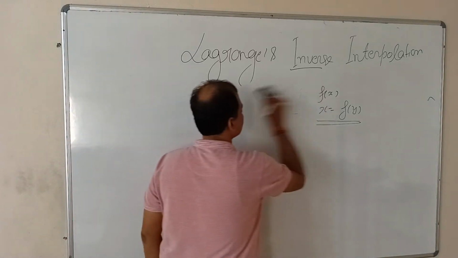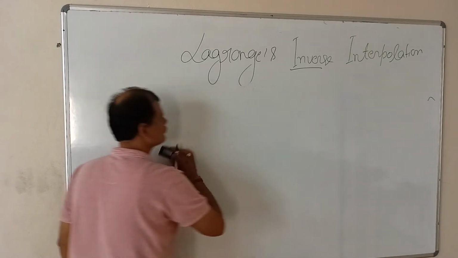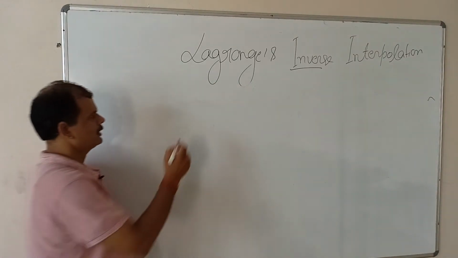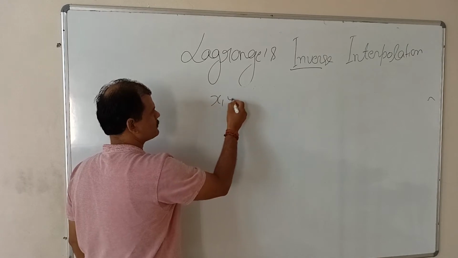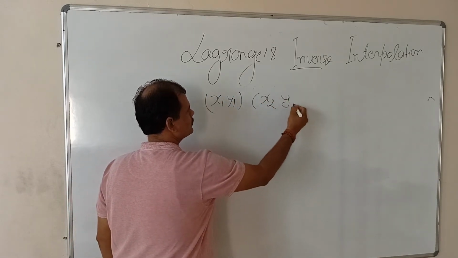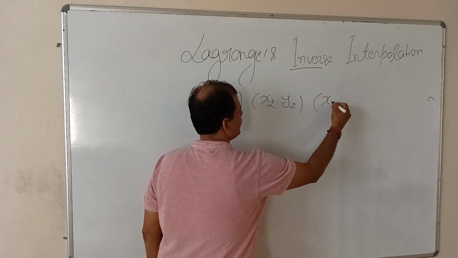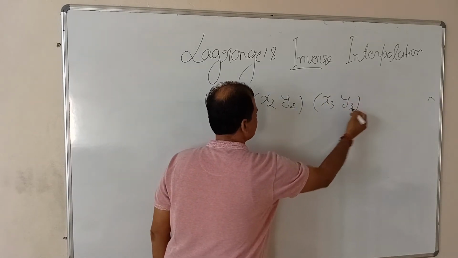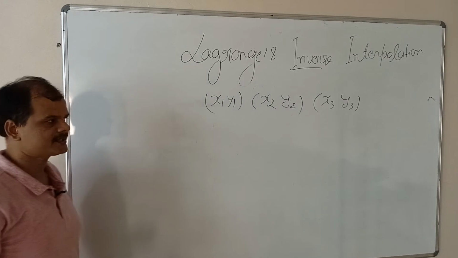Let me write the formula of inverse interpolation. I'll take three data sets x1, y1, x2, y2 and x3, y3. Suppose three data sets are given.